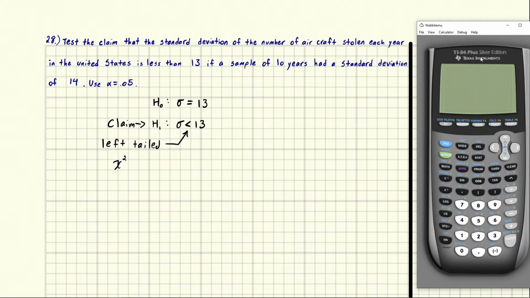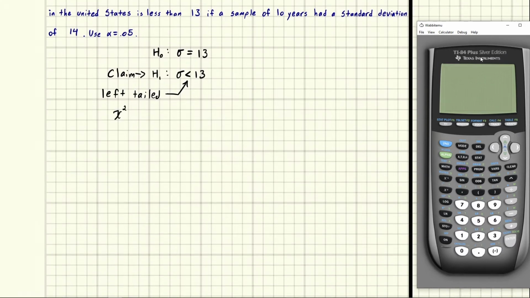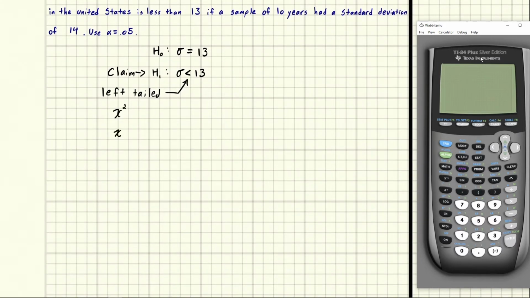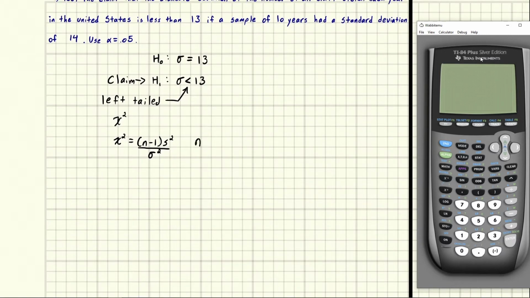Alright, so since we're using a chi-squared distribution, we're going to need the chi-squared formula. Now that formula is simply chi-squared is equal to n minus 1 times s squared over the population standard deviation squared. So in order to use this formula, we're going to need to identify these different variables. We need an n, an s, and a standard deviation.